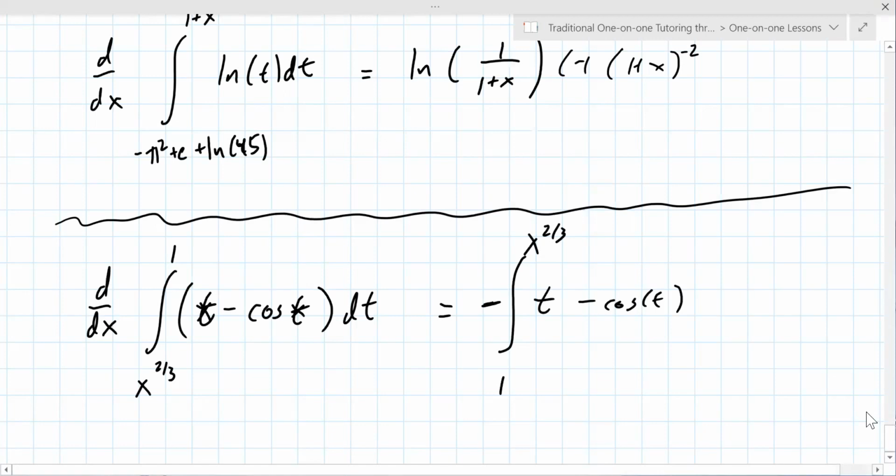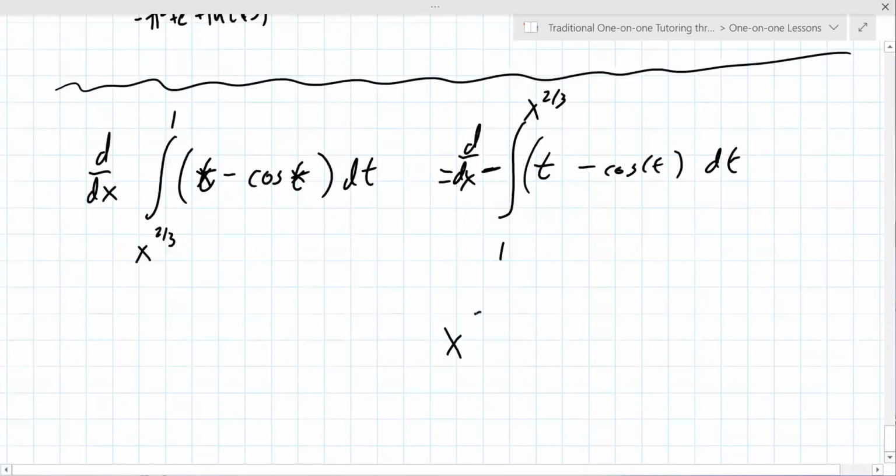You have to run it through the problem. x to the 2/3 minus cosine x to the 2/3, with a negative out in front. Yep. And then you have to multiply by the derivative of this. And that's power rule again.